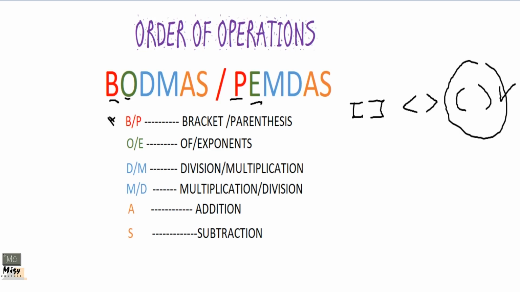After solving everything in the parentheses, you will now go and solve for exponents. Leave any other sign, jump any other sign, do not care where they are. Jump and solve every exponent you find in the expression or equation that you've been given. So that is what you need to do.